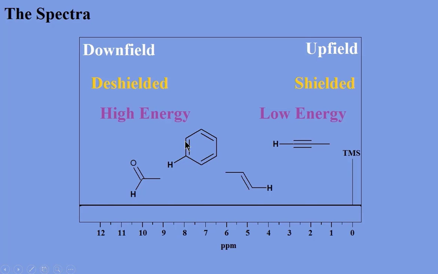We're talking about more pi electrons after all, producing that magnetic field. And then for a hydrogen on an aldehyde, we've got that deshielding effect of the pi electrons and the carbon to oxygen bond next door, but we've also got the electron withdrawing effect as well, which withdraws and removes electron density away from the hydrogen nucleus in that hydrogen to carbon bond.